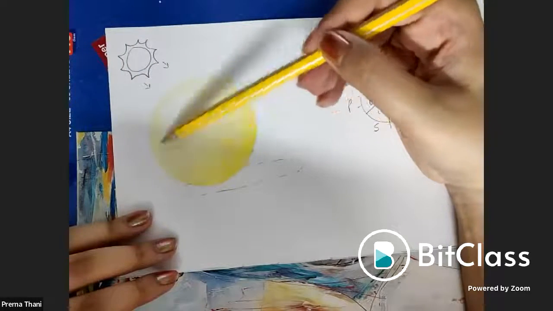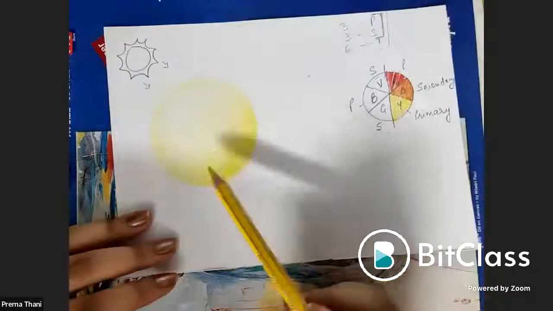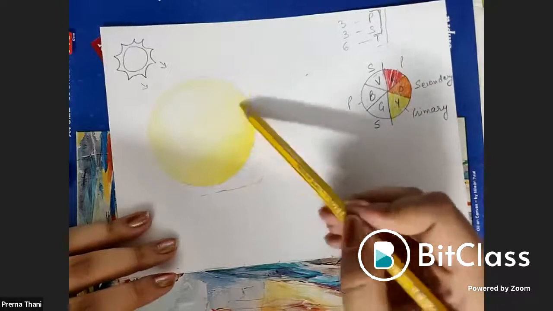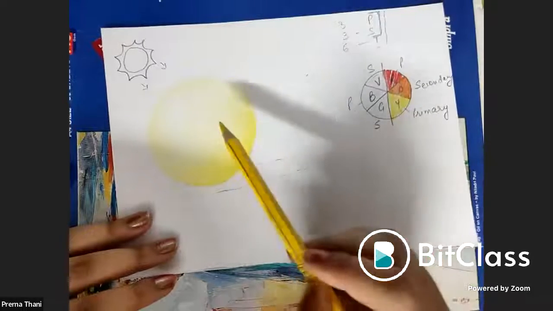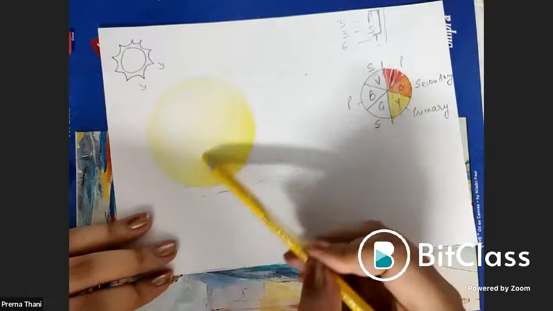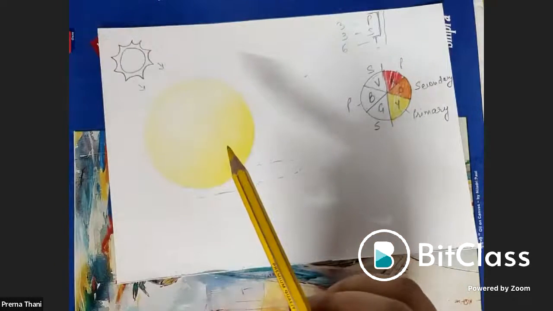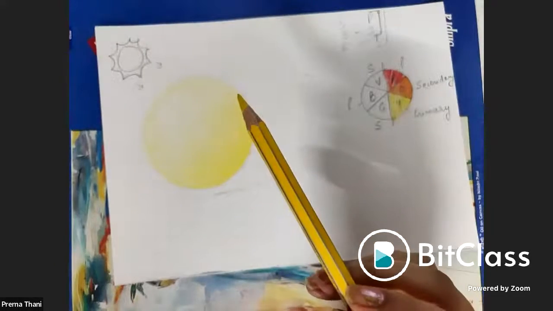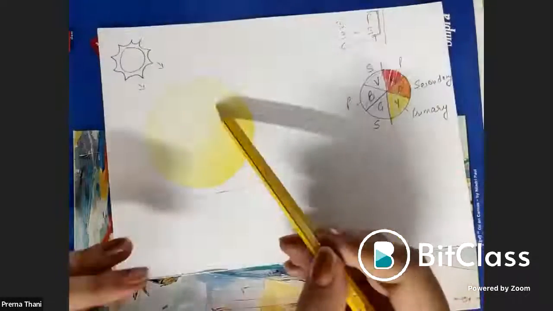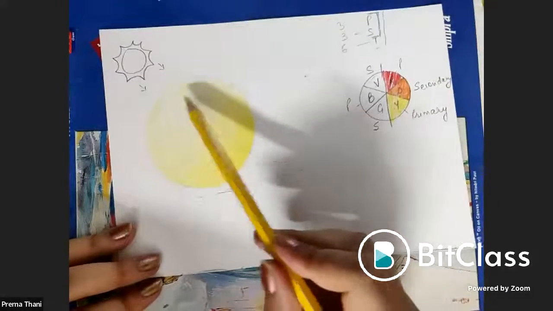So whatever pencil you are using, just go with this trick. It totally depends on how you are holding your pencil. Which color pencils? I am using DOMS. This is what I'm using. So go dark to light. This should be the lightest part.